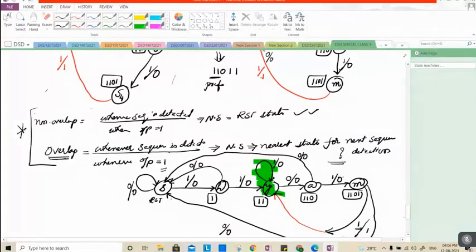Overlap and non-overlap state diagrams will differ only at one particular point, only one particular instance.